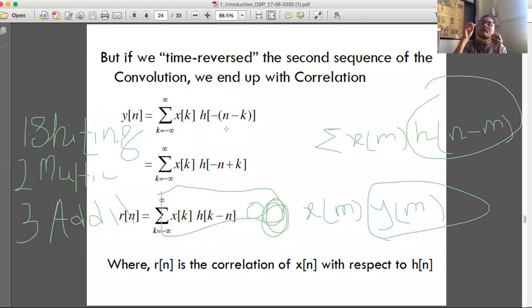We can perform correlation in terms of convolution, but for that purpose we are supposed to fold the sequence and fold it again so that the original sequence is obtained.